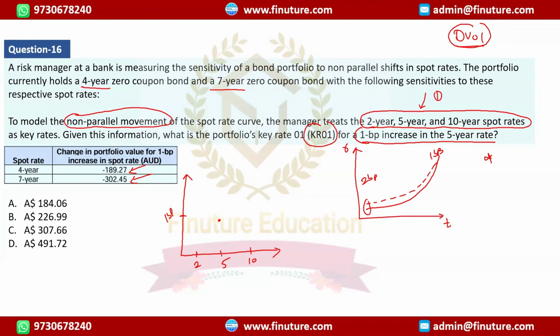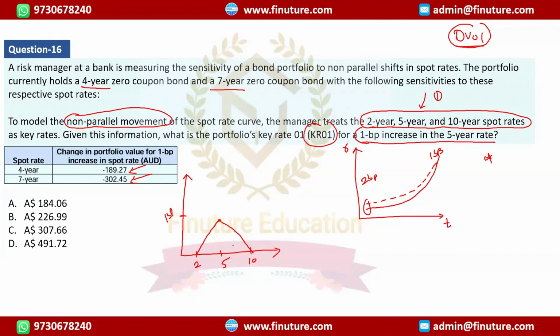When there is a change of one basis point in the 5-year, your preceding and following rates will gradually drop to 0. This point you have to remember. So you have to assume that at the preceding it will be 0 and following it will go down to 0 linearly.